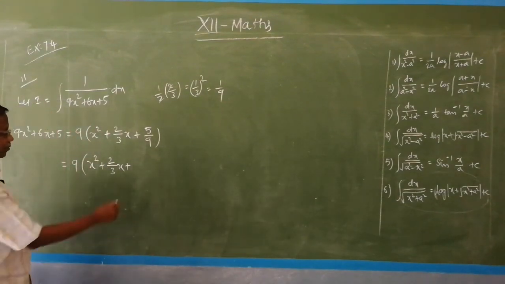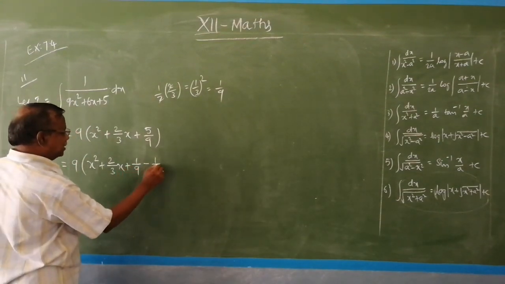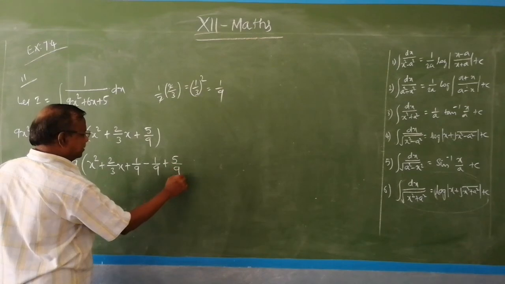Add and subtract 1 by 9: plus 1 by 9 minus 1 by 9 plus 5 by 9.